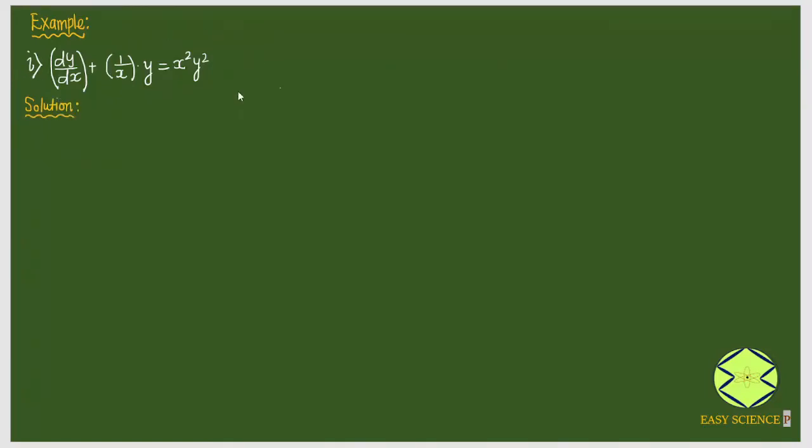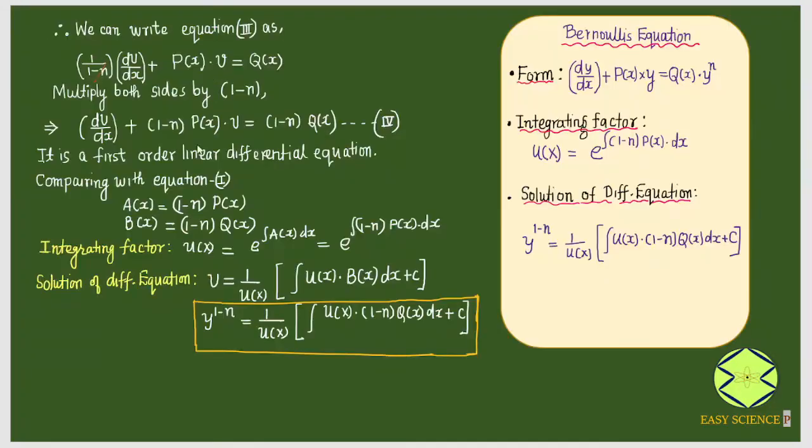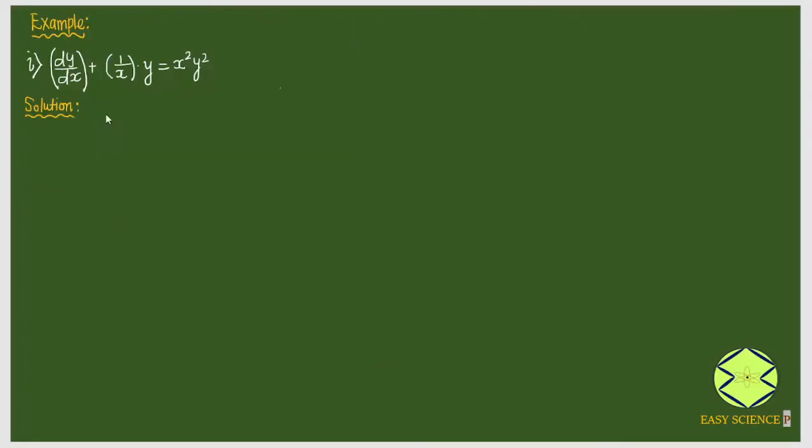It is very similar to the standard form of Bernoulli's differential equation, which is dy by dx plus p of x y equals q of x y raised to n. We have dy over dx plus 1 over x times y equals x square times y square.